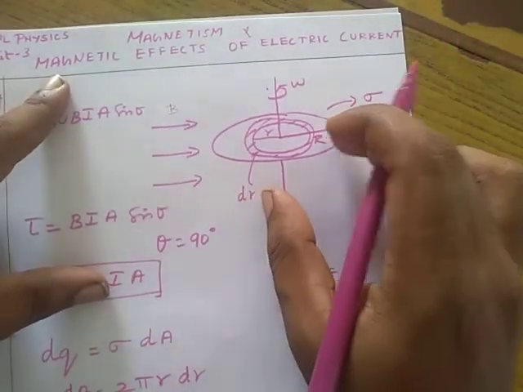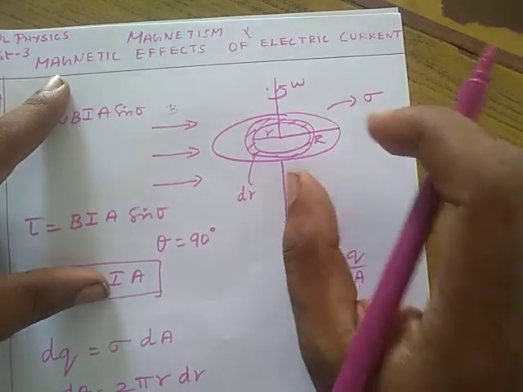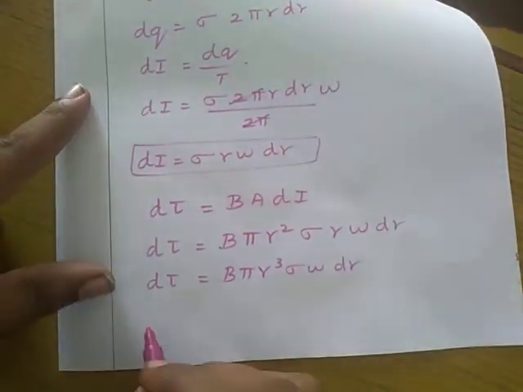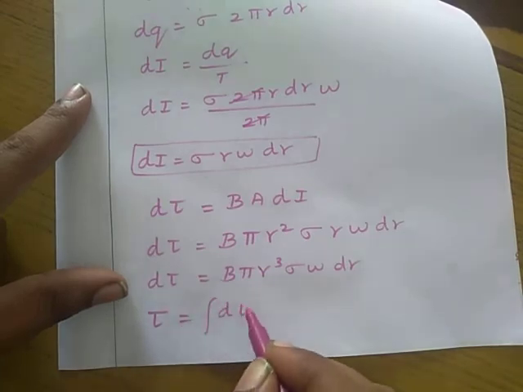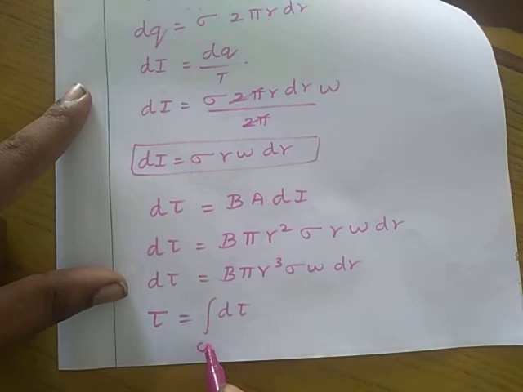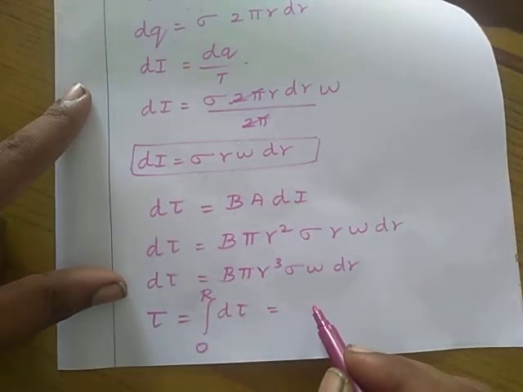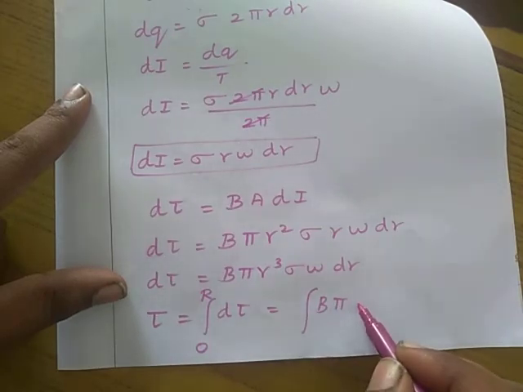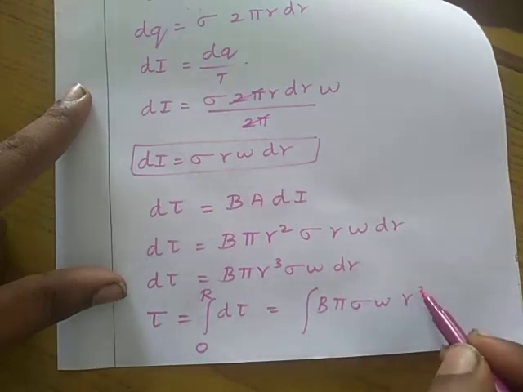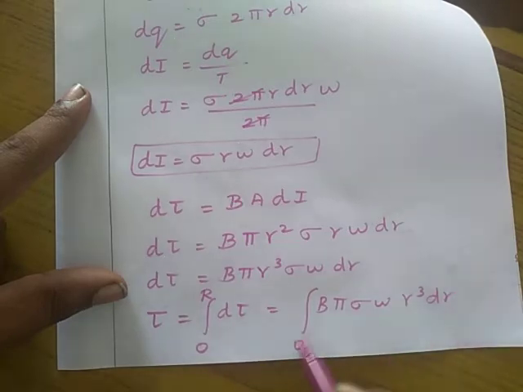In order to find the entire torque experienced by this flat dielectric disc, we need to integrate this. Tau equals integration of d tau. The radius is from 0 to the entire radius r. In solving this we get integration of B pi sigma omega r cube dr, 0 to r.